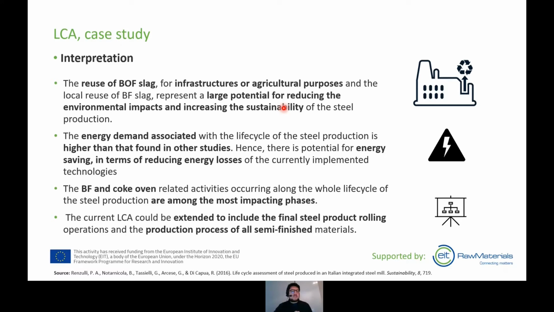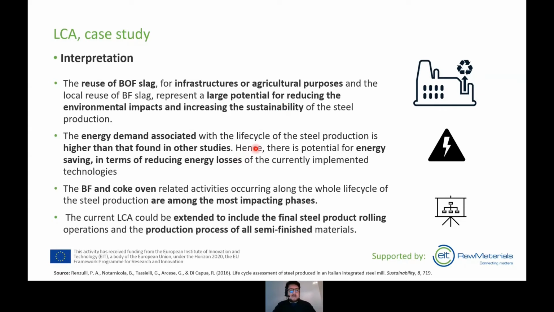Currently they are not using it as a byproduct; they are selling it for landfilling or other types of stabilization, so they are not taking advantage of it. But now they can identify that this material can be useful as a raw material for other processes like agriculture. That's why they are making this substitution, reducing the environmental impacts in their process in general terms.